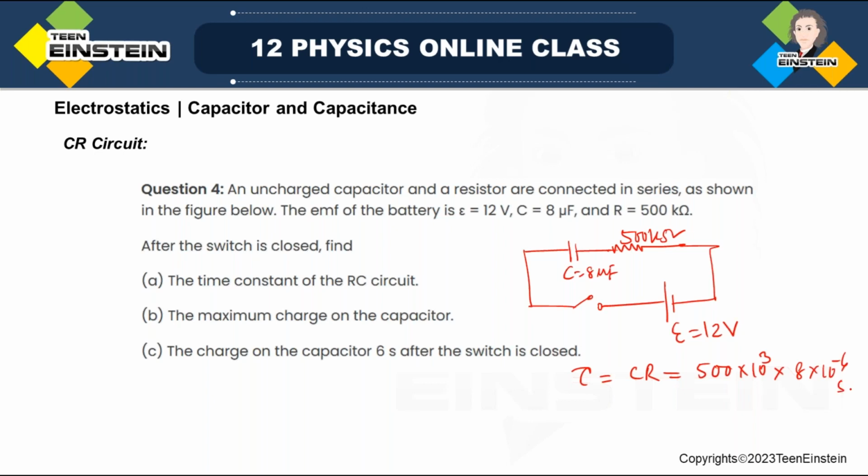So this will give you second because it has the unit of time. 10 to the power 3 into 10 to the power minus 6, this is 10 to the power minus 3, and you will get 4 second. So the answer is 4 second, that is CR.